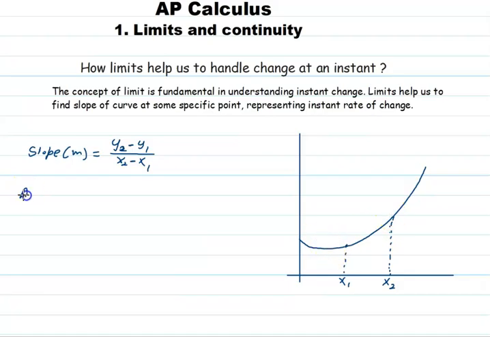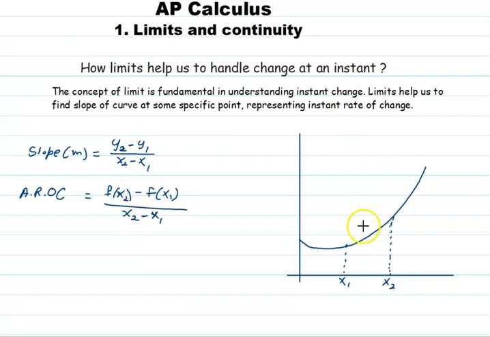In that case, we can write this formula as average rate of change equals f of x2 minus f of x1 over x2 minus x1. Here f of x2 and f of x1 are nothing but the y values, the outputs at those points.